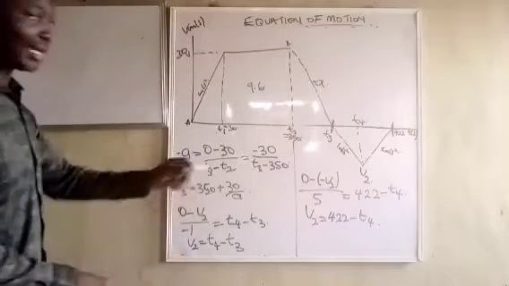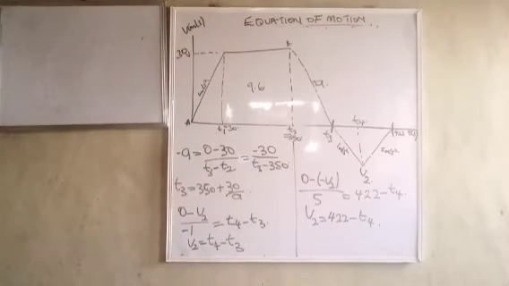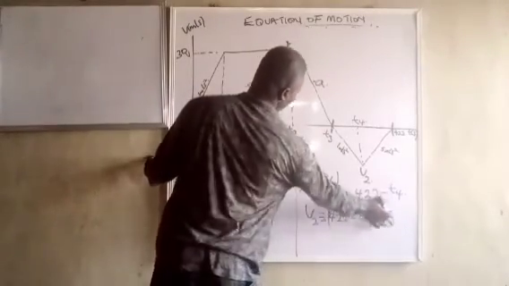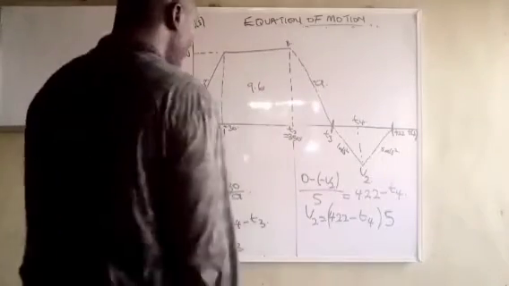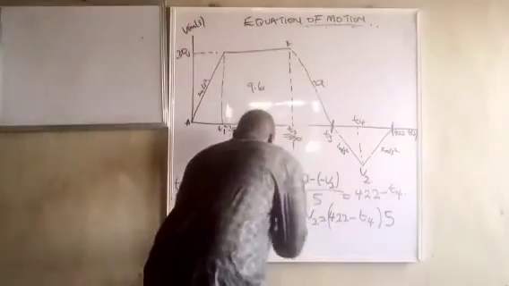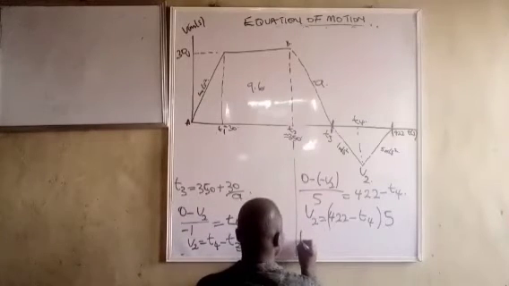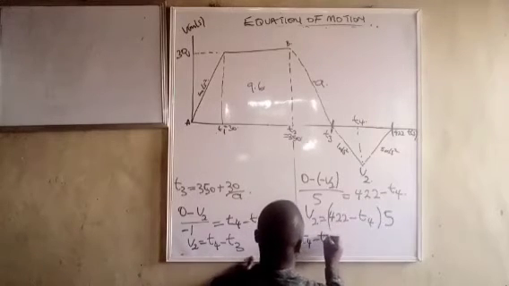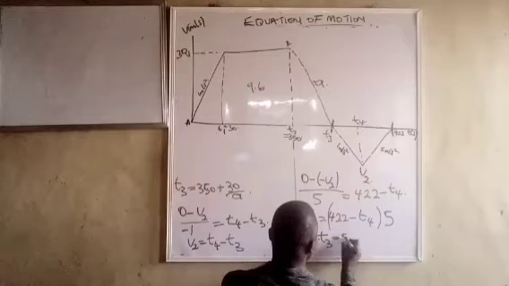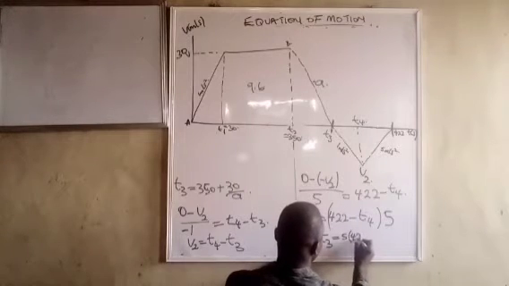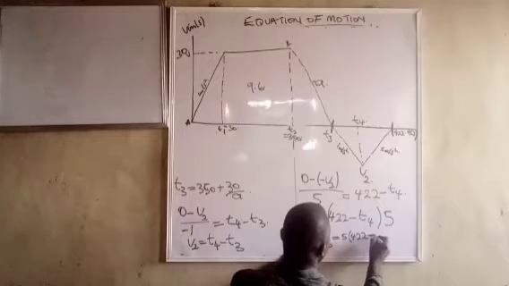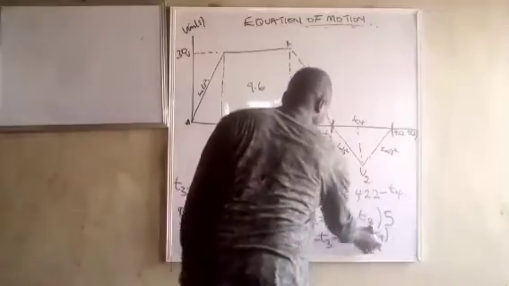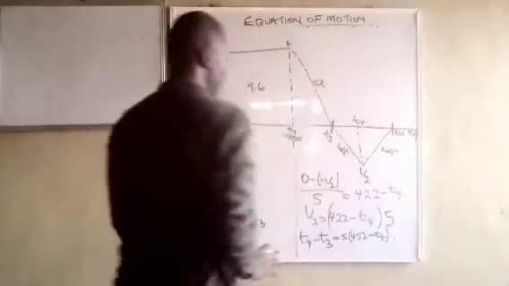We have it like this because we are going to generate several equations. At the same time, we can see that T4 minus T3 is equal to 5 into 422 minus T4. I want to eliminate T4. I want to find the distance from here to here to solve the problem.